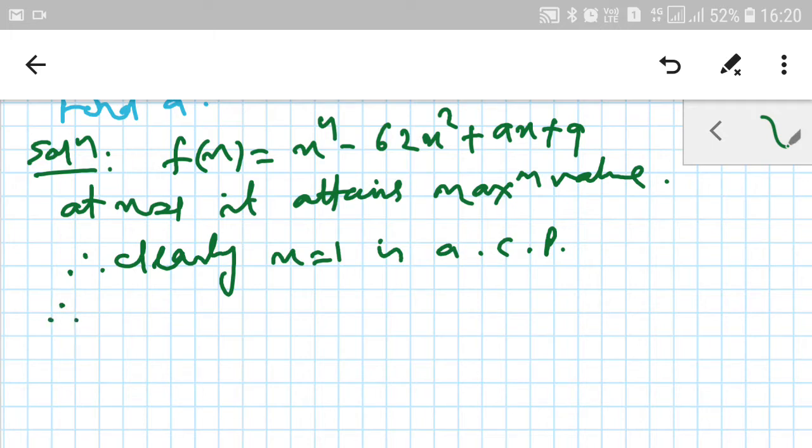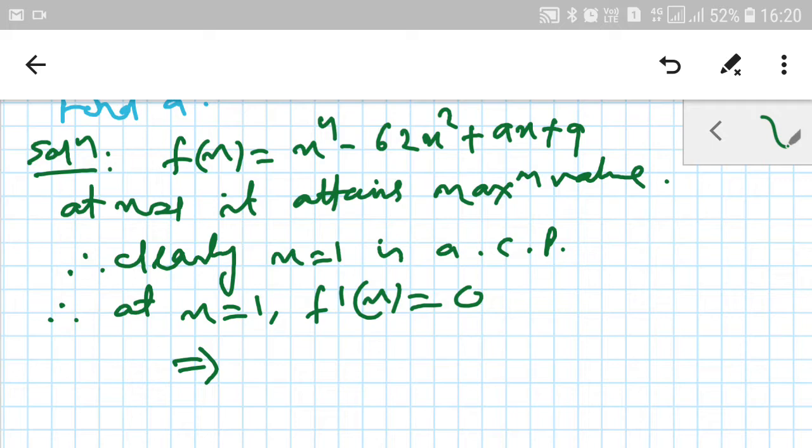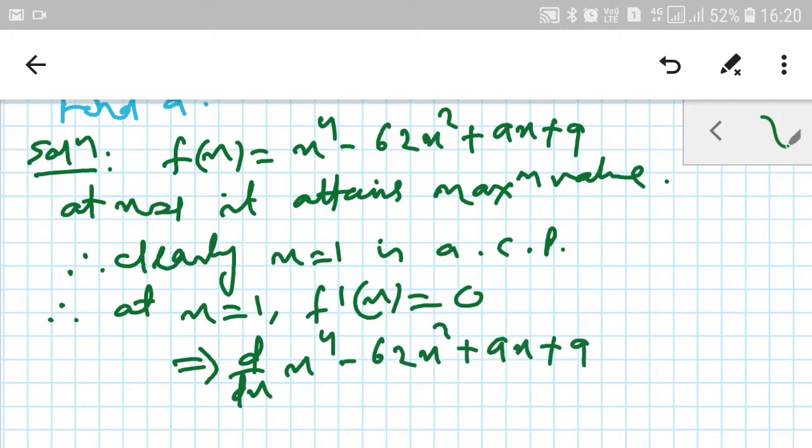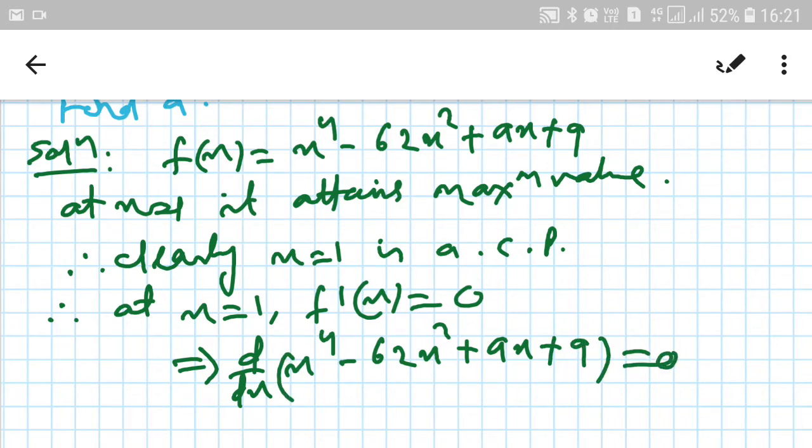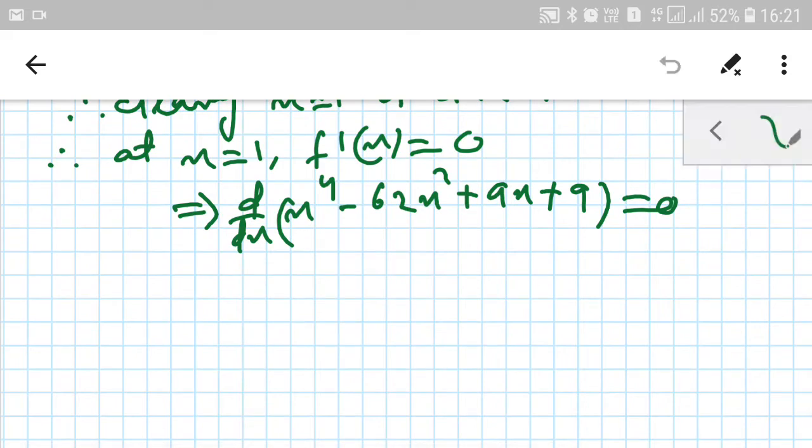Therefore, at x equals 1, f dash x equals 0. So let us solve this one. F dash x is the derivative of x to the power 4 minus 62 x square plus ax plus 9 equals 0, right?